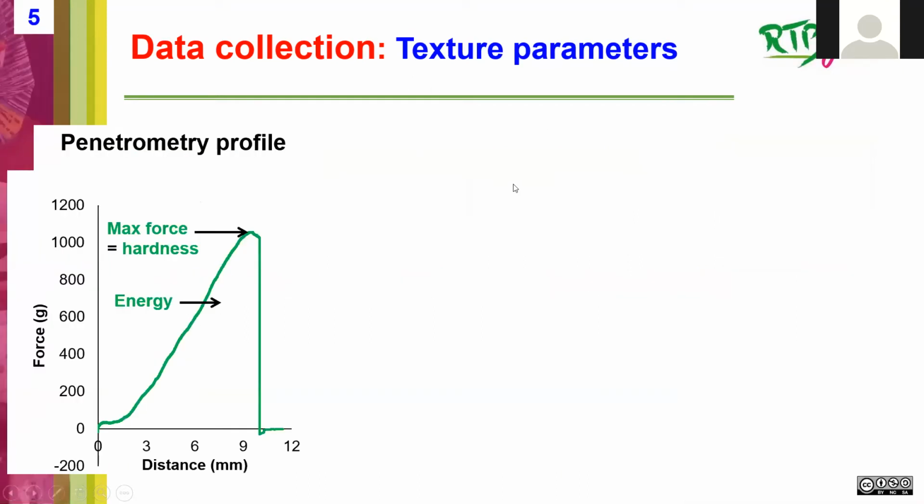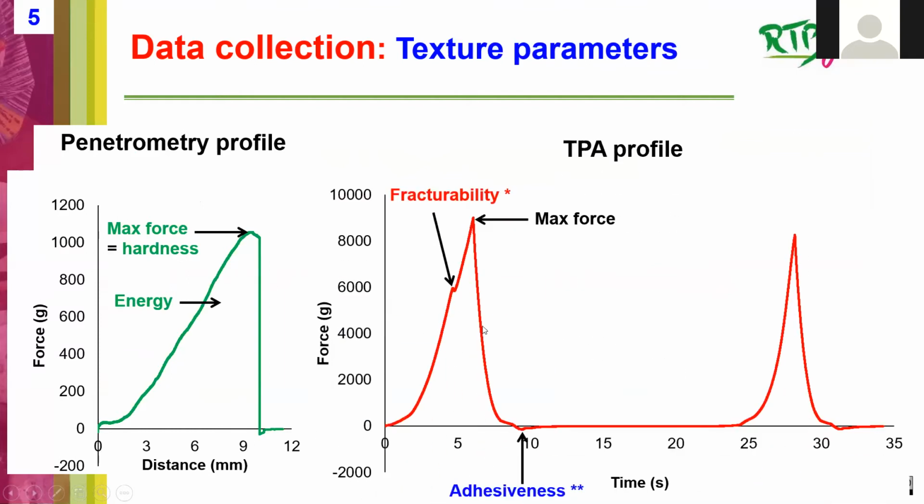Regarding the parameters measured for each of these 3 tests, for the penetrometric profile, we measure 2 parameters: the max force and also the energy, which is the area under the curve. For the TPA test, we measure the max force. We also measure the fracturability, which is the force measured at the first significant peak during the first compression.